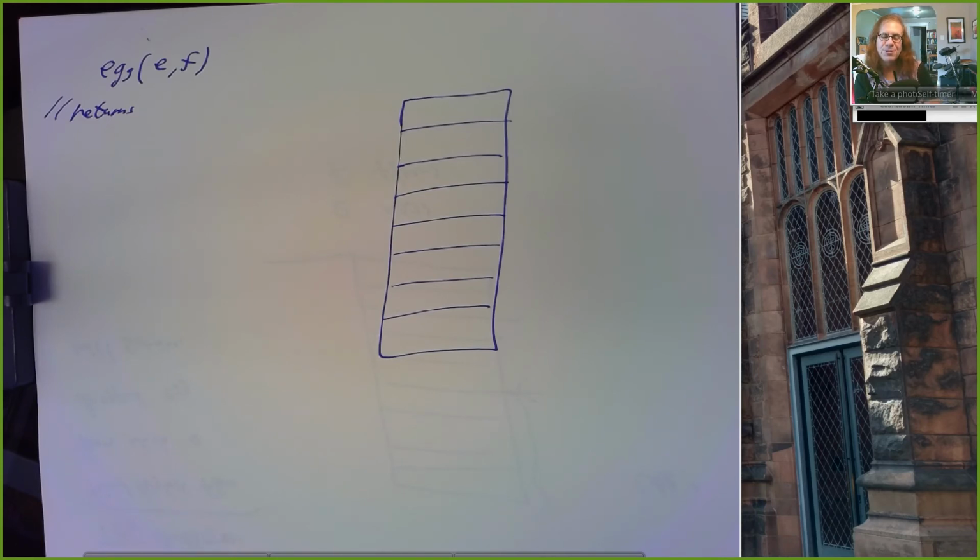But here's what we're going to try to answer. We're going to say how many experiments are sufficient to answer this question.